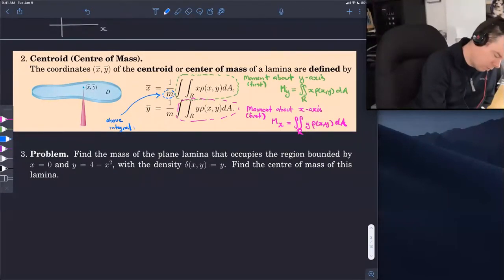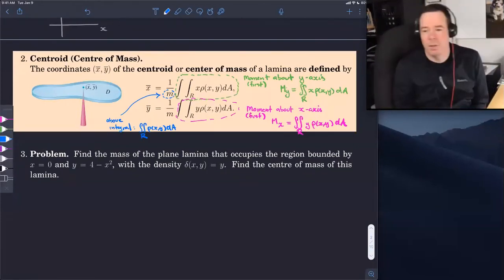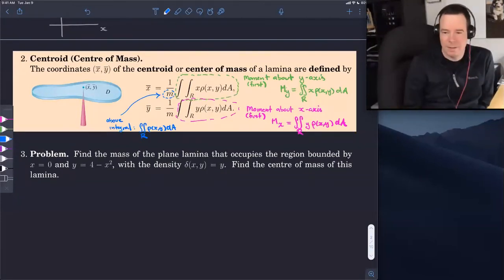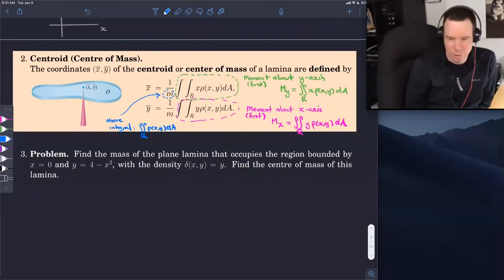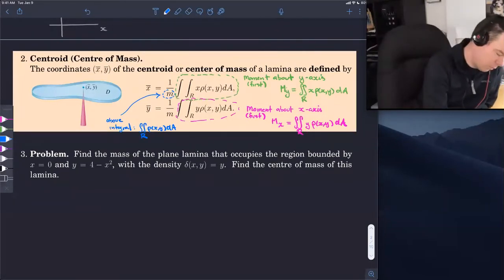It's the above integral. In other words, it's the integral of just the density, xy dA over the region R. I just wanted to draw your attention to the fact that it looks like the center of mass is just one integral to compute, but it's not, because that variable M is another integral. So it's really the ratio of two integrals here.